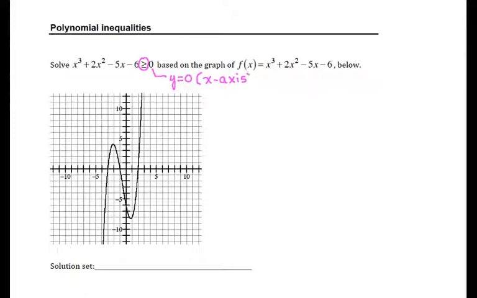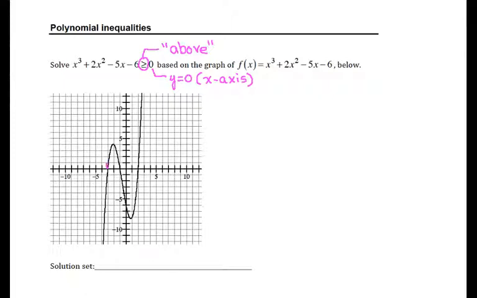And because my inequality is a greater than or equal to, but for the purposes of figuring out the direction, I'm just considering the greater than, I am going to interpret that as the word above. So my first task is to highlight the portion of the graph that is above the x-axis.